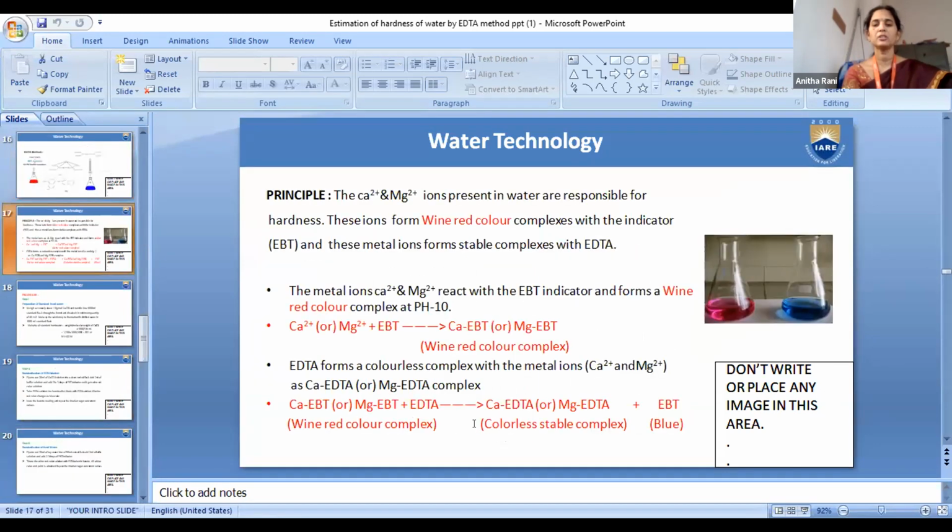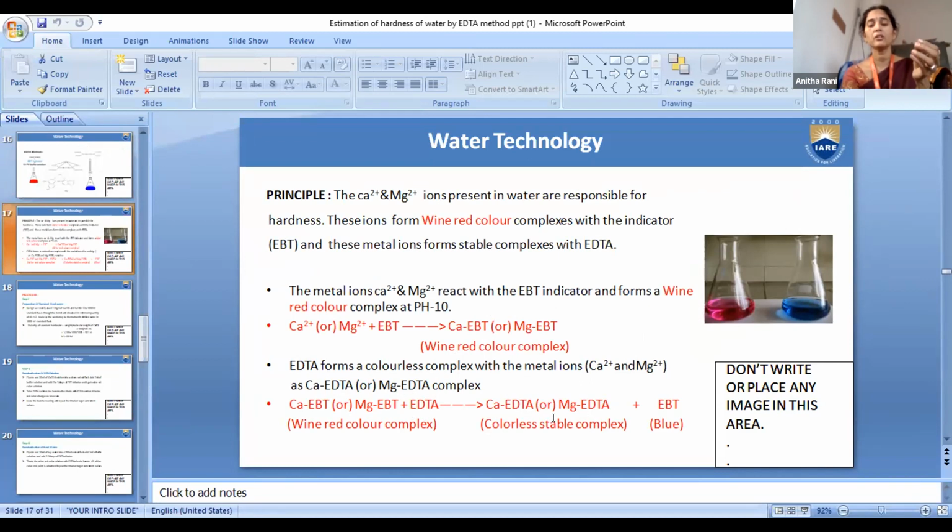Then we titrate the wine red solution in the conical flask, adding EDTA drop by drop and observing the color change.